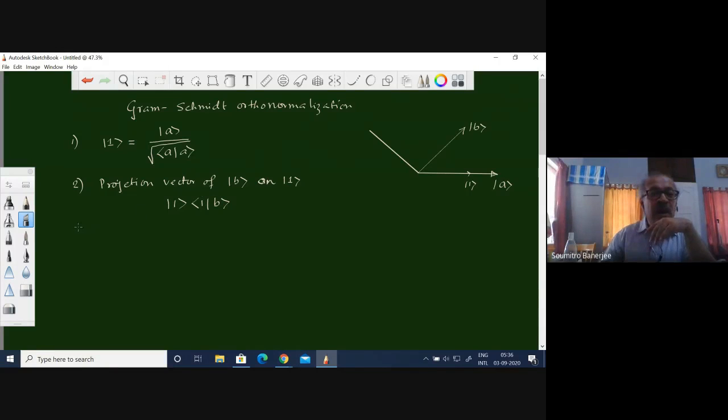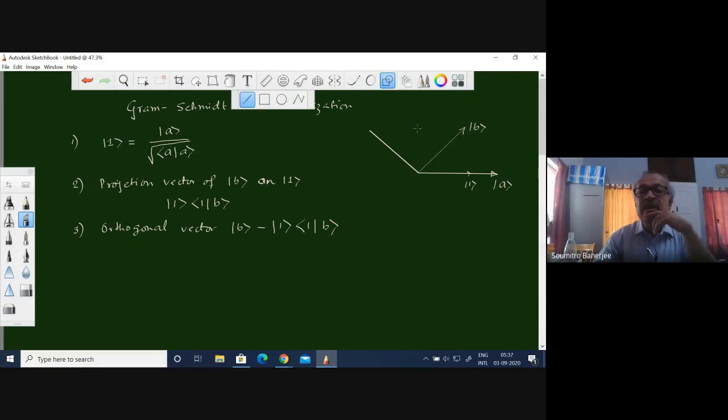So now I have to subtract from B. So we have to get an orthogonal vector. That is, I have to subtract from the vector B this quantity, which is |e1⟩⟨e1|B⟩. After having obtained this, I get a vector in the same way, a vector like this.